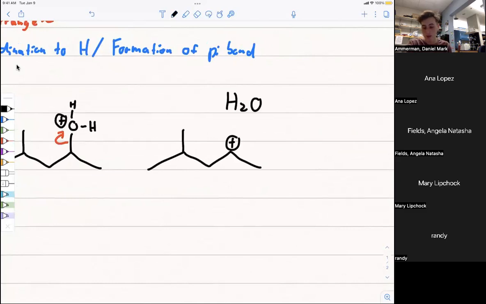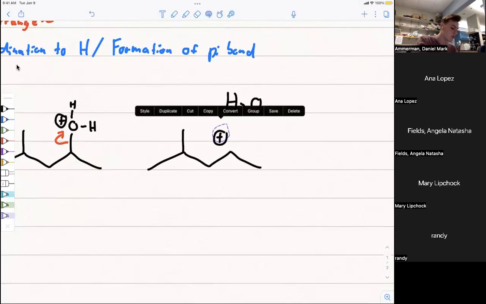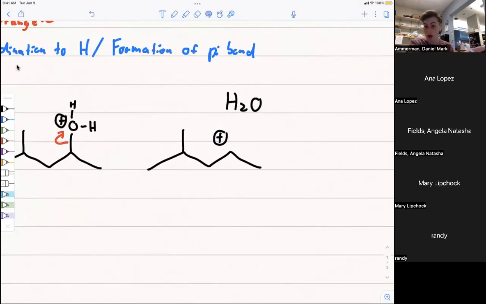There's something called Zaitsev's rule that is finding which pi bond formation is going to be the major product, or which one is going to happen the most often. On her exam, she often has a trick question saying which products are formed. You really want to be careful to look for it saying which major product is formed. Because in this, you'll see in a second, we're forming a product either way, but we want to form the major product. So just be careful of that.